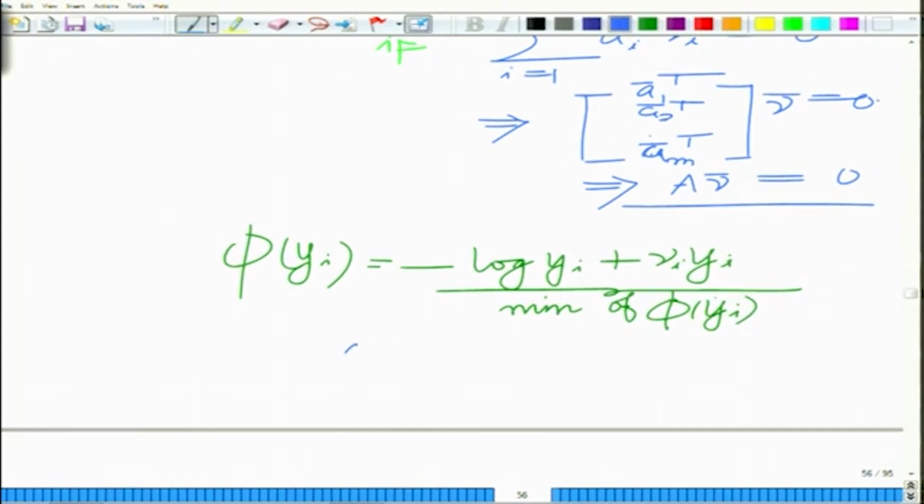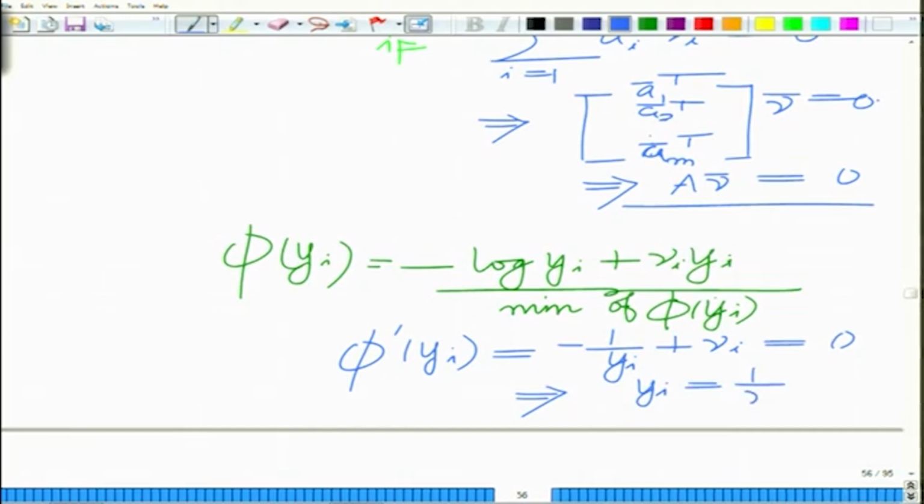To do that, first differentiate this with respect to yi, that is minus 1 over yi plus nu i equal to 0, which implies the minimum occurs for yi equals 1 over nu i.